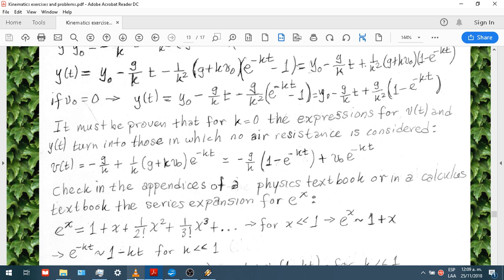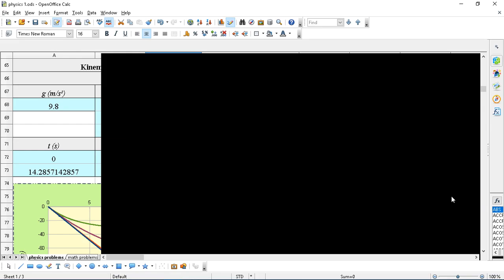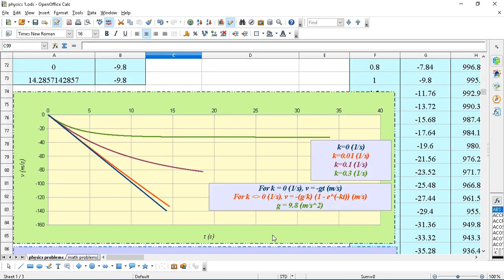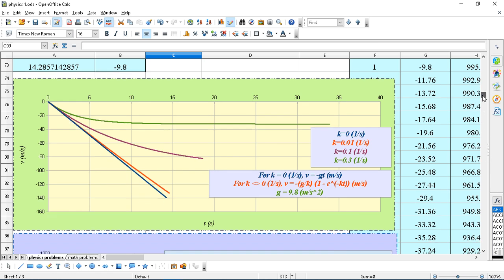Okay, so here we are again with the spreadsheet, and here we have the blue line, which corresponds to the velocity for the free fall. We have that straight line.